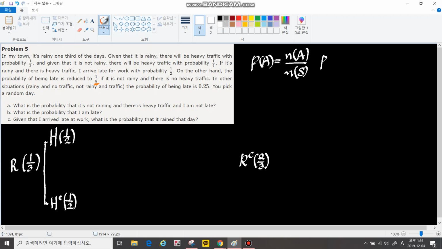What is the probability of B? No, not that. The probability of A given B has P(B) in the denominator and P(A intersection B) in the numerator. So what I'm trying to say is that our sample space has now been reduced to P(B). You know what I mean?